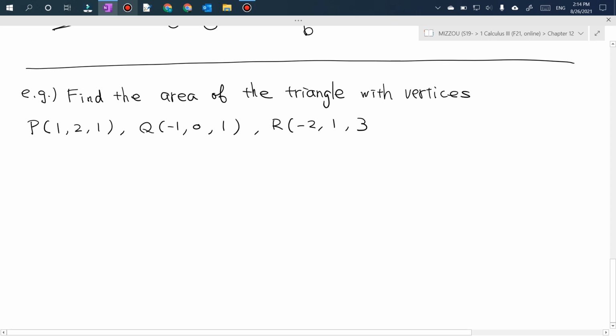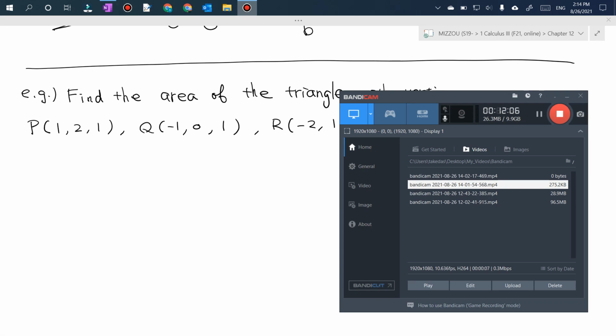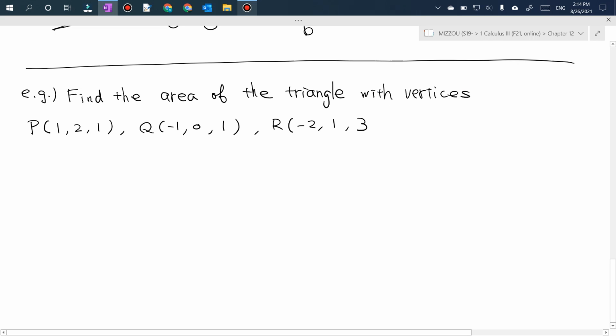Okay, let's think about this problem. So how are we going to do this?